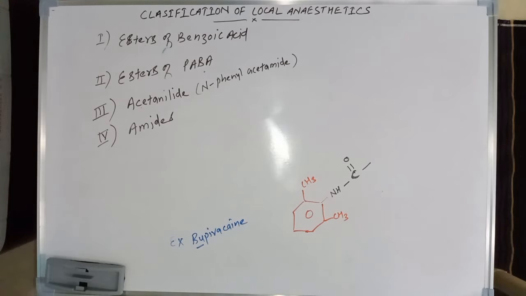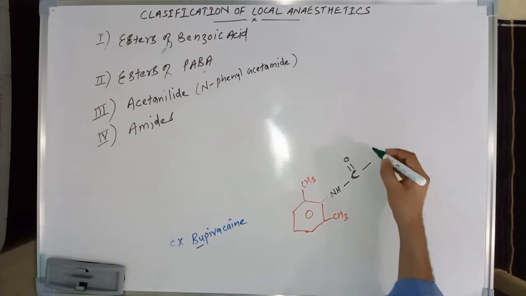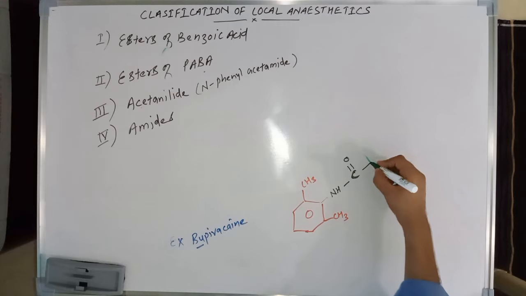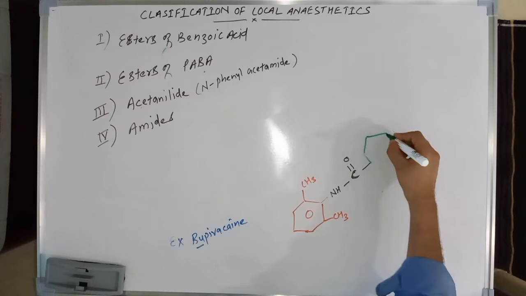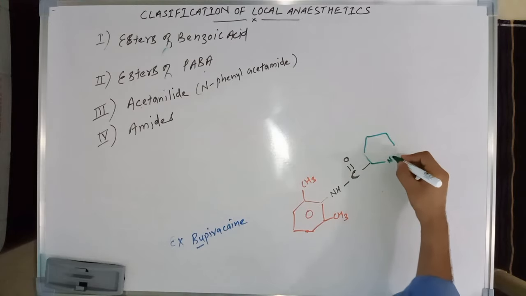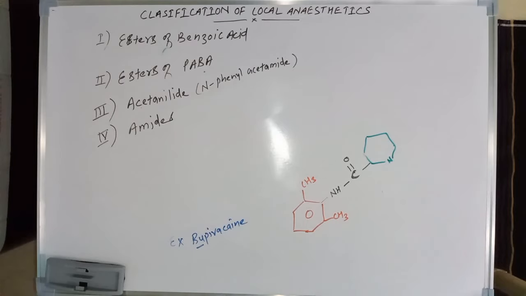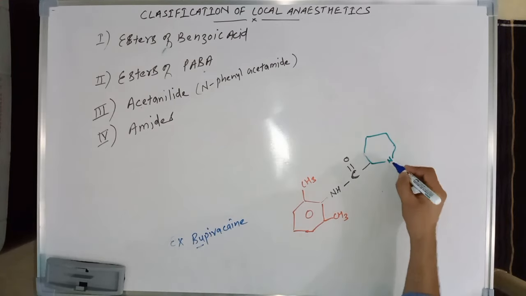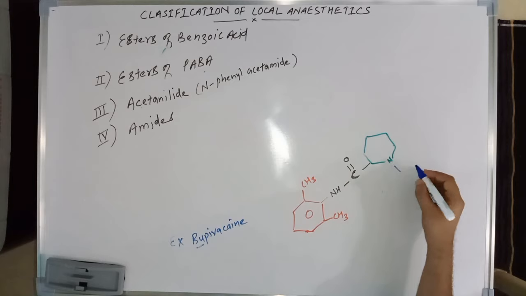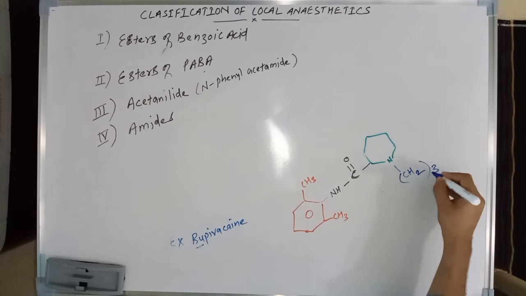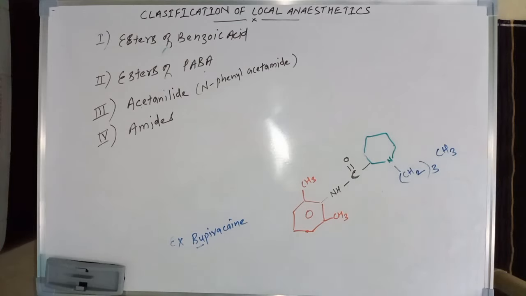Now what is present here? The same, again a piperidine group is present over here, but there is a slight change as the name is butyl. So here your 4 carbon species, CH2 thrice CH3.